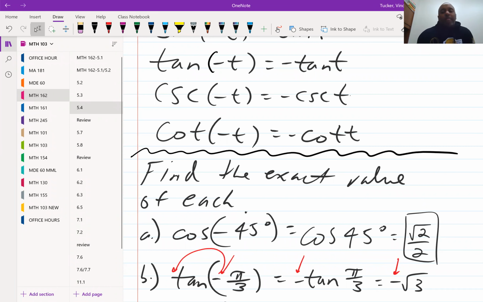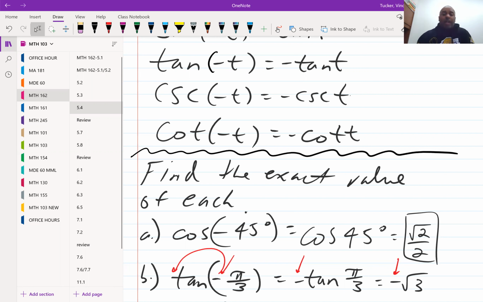putting that into play, it says find the exact value of each. Cosine of -45 degrees is the same thing as cosine of 45 degrees. So it's an even function. Remember, that's the relationship we just introduced.